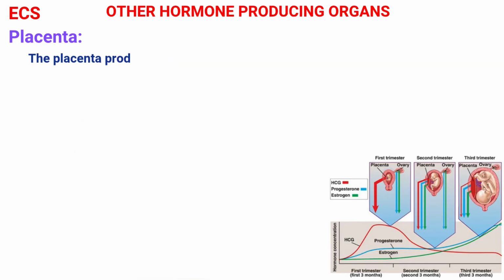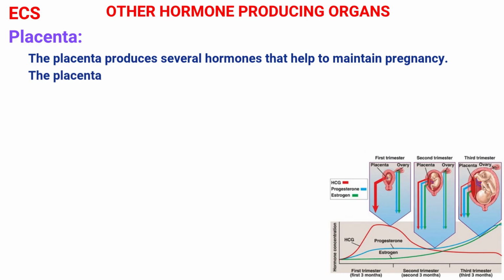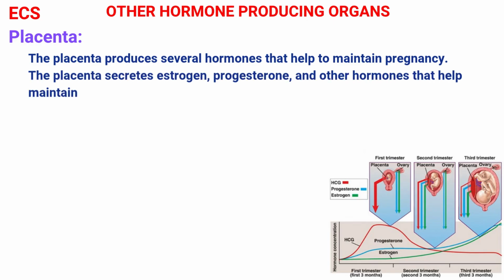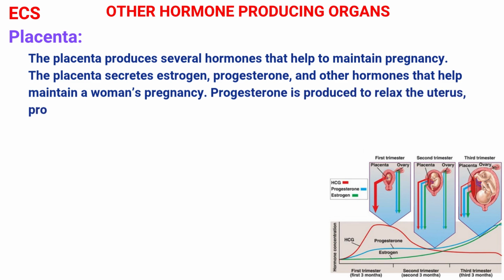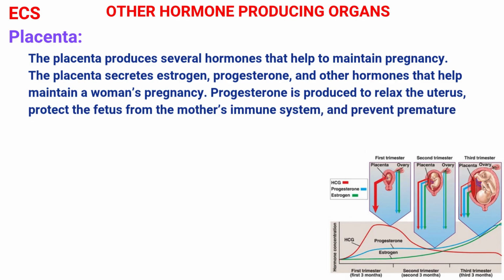In pregnant women, the placenta produces several hormones that help to maintain pregnancy. The placenta secretes estrogen, progesterone, and other hormones that help maintain a woman's pregnancy. Progesterone is produced to relax the uterus, protect the fetus from the mother's immune system, and prevent premature delivery of the fetus.